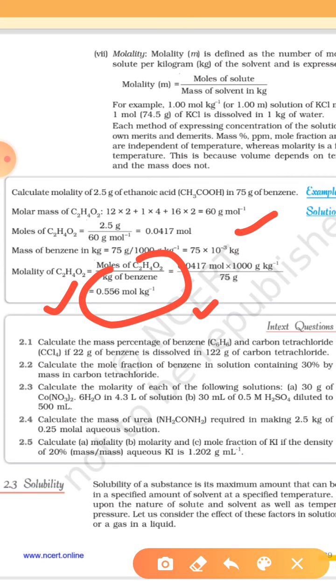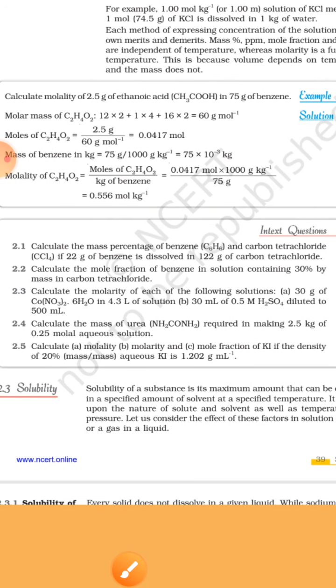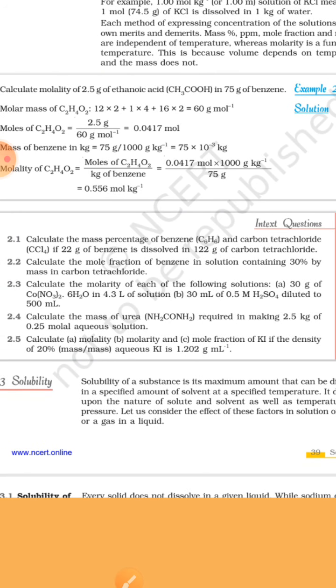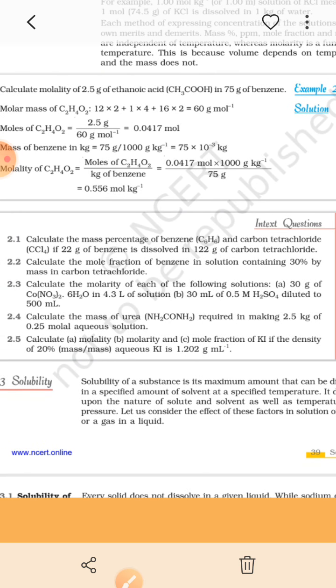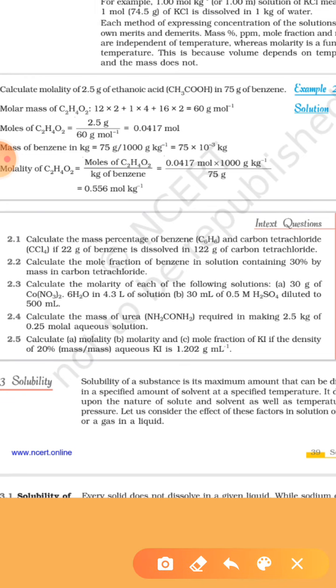And now the in-text questions. The first one: calculate the mass percentage of benzene and carbon tetrachloride. So what is the question? Calculate the mass percentage of benzene.